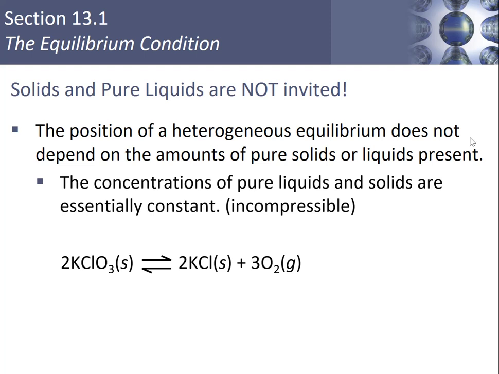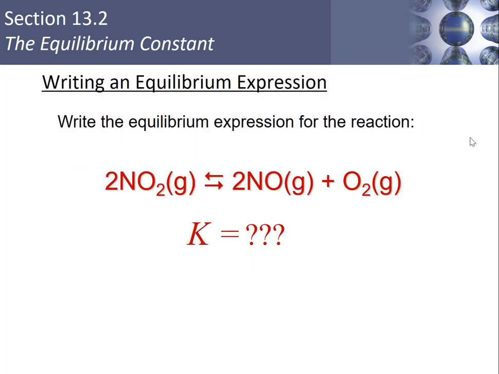So take a second and write down what you think the K expression would look like. K would equal the concentration of oxygen raised to the third power, because it is the only gas and there are no aqueous components in the reaction.